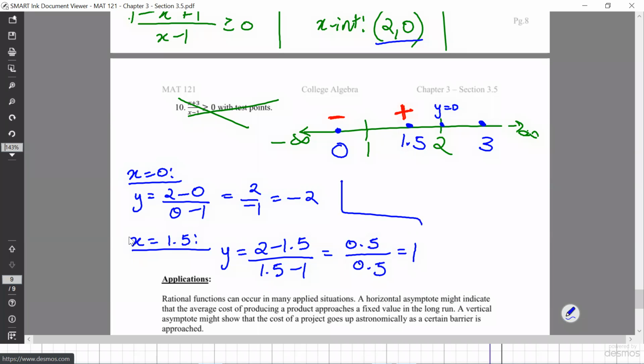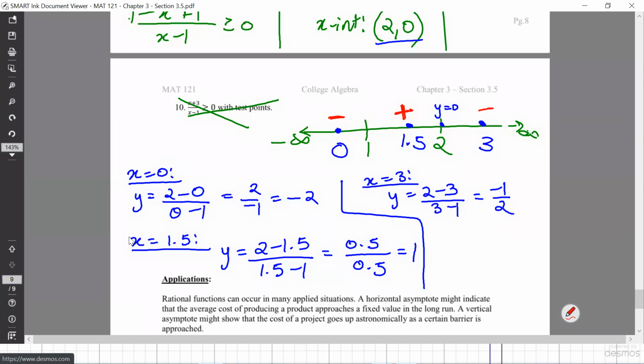And then the last one is x equals 3. So that would be 2 minus x over x minus 1. What do we get for that? -1. Yes, you will end up with -1 on the top, 2 on the bottom.